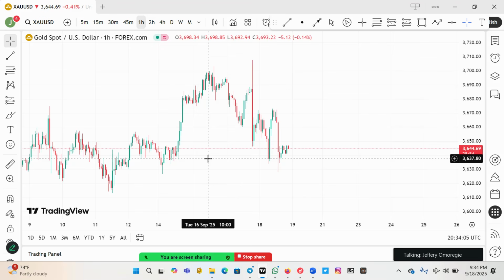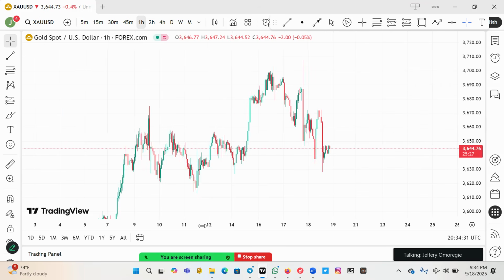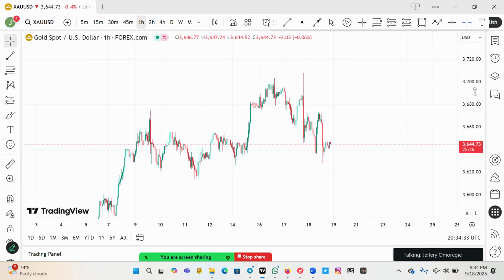The valid break of structure is the point where you trade from. I said the two most valid breaks of structure are the inducement and the disruption. Your inducement is the first valid break of structure after the market has gotten to its highest point.